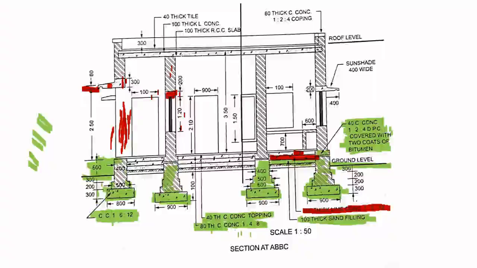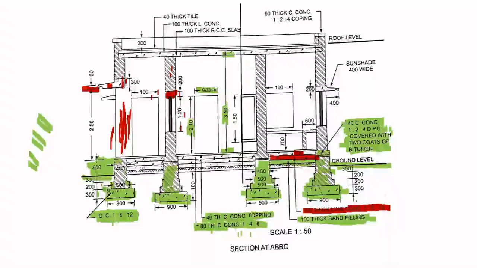Now this door, the size is 900 mm width and 2.1 meter height. Now see, the height from the floor level to the roof is 3.5 meter.